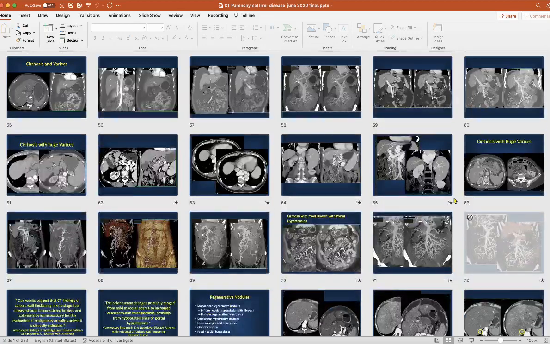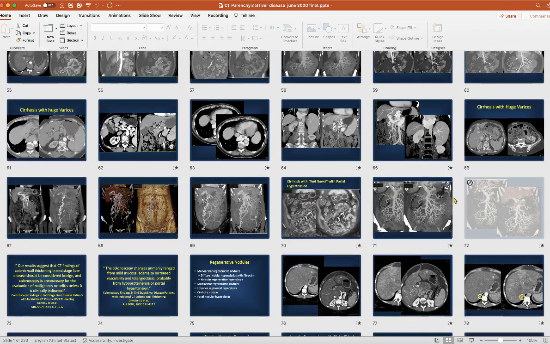Now, I'm not showing you any 3Ds here to any degree, but it's important to recognize that 3D imaging can be very valuable in looking at parenchymal liver disease and looking at the vascular pathways, both patent, occluded, and collaterals. And cinematic rendering is particularly helpful in that regard. MIP is also very helpful. Remember, we like MIP in the liver or MIP when there's varices present to really show you the extent. But for really getting good detail and orientation, and also vessel patency or occlusion, I think cinematic rendering becomes more valuable.